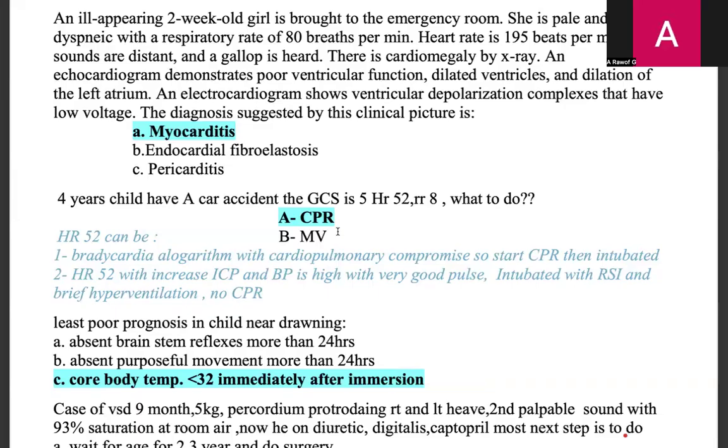So bradycardia with weak pulse, that is cardiopulmonary compromise, you go to CPR and intubation. If bradycardia with very good pulse, high BP, increased intracranial pressure, you go for rapid sequence intubation with brief hyperventilation, no CPR. Depending upon the scenario given, you have to decide.